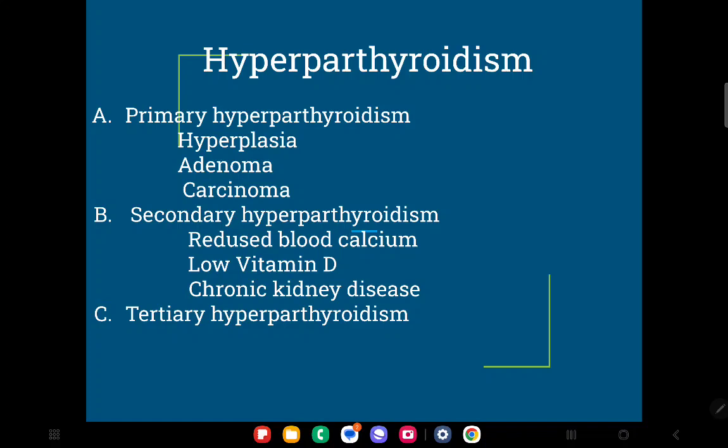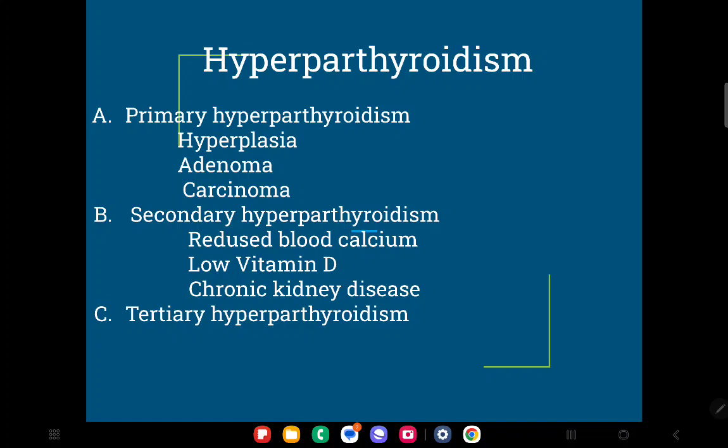The third type, which is the tertiary hyperparathyroidism, I want you to know it. The tertiary is a defect within the gland, but it is caused by a cause which is outside.